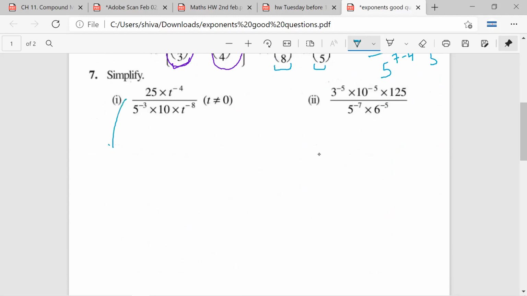So for example, a question like this. Again, I am not comfortable dealing with negatives. So in the first step, what I do is I write this as, can I write it like this? Aishwarya ji, can I write it like this?